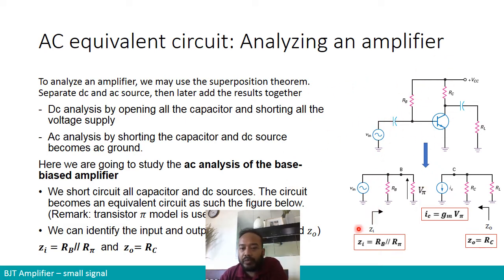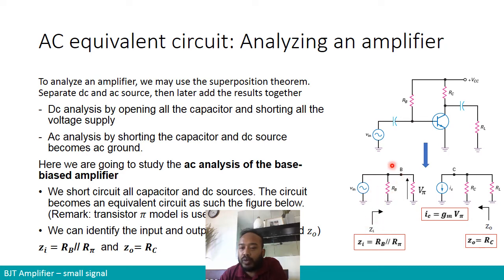Now that we have done this, we can identify the input and output impedance of our amplifier. So what are the input and output impedance? Input impedance is this one over here, Z input. The part on the left hand side is the input, on the right hand side is the output. Input impedance is the impedance of this whole part viewed from this point.